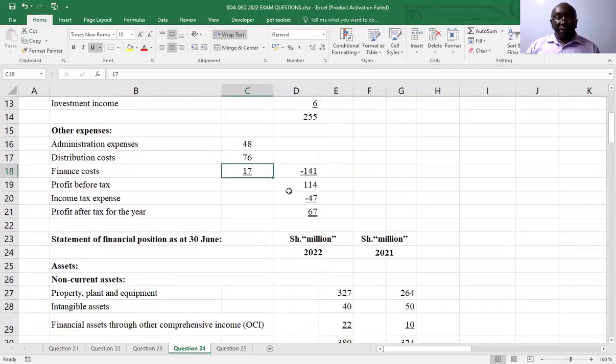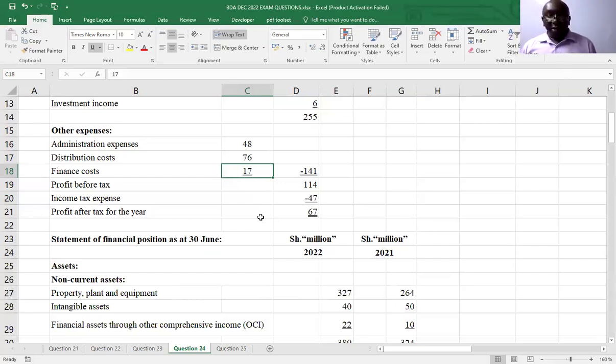So this one is an expense, and when it was included here, it made the profits go down. So what shall we do with it? We shall return it. We shall add it so that it brings back our profits.